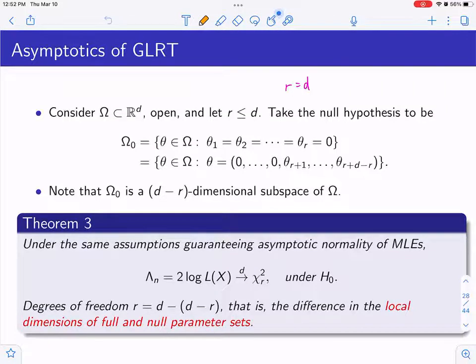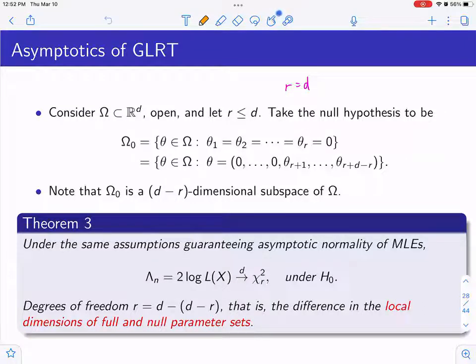So the result is something like this. Say I have a null which is d minus r dimensional, so that was the setting that we had. Omega is a subset of R^d, an open subset of R^d. It could be the entire R^d. Then you have restrictions on the parameters: the first r coordinates are 0.